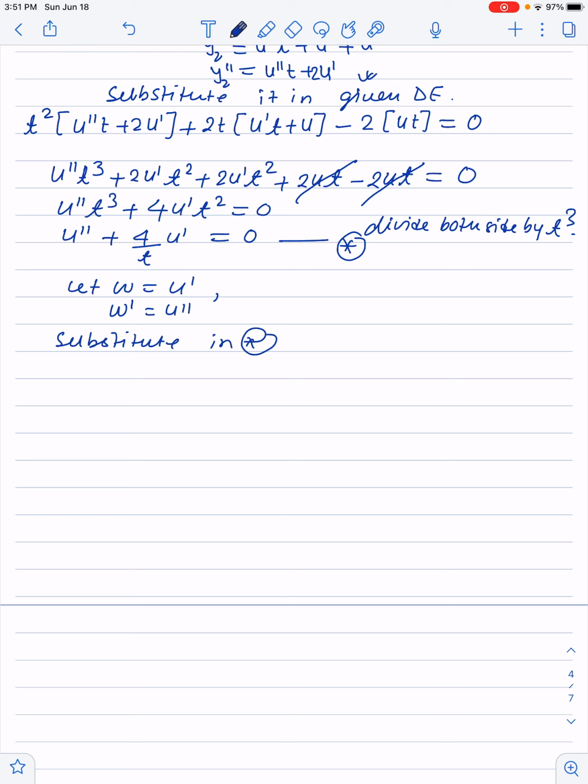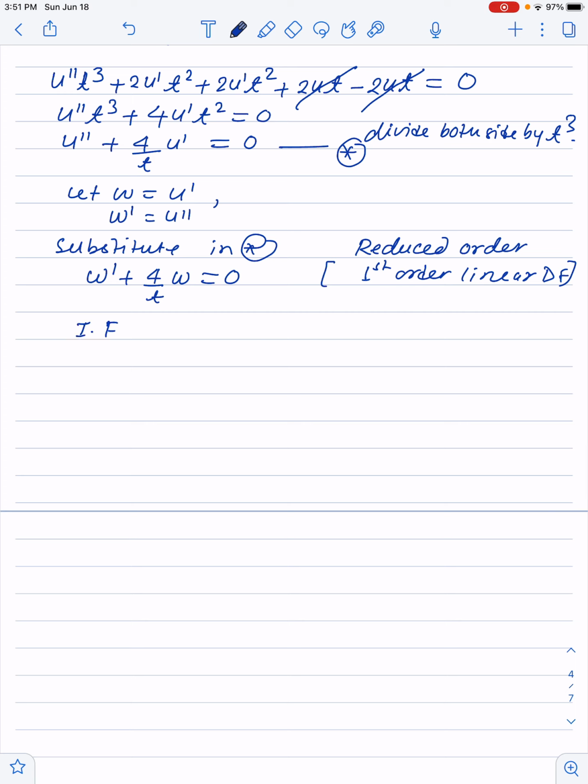So u double prime is w prime. So w prime plus 4 over t w equals 0, and this is how we reduced the order, and you can see this is a first order linear differential equation, right? So we can find the integrating factor.